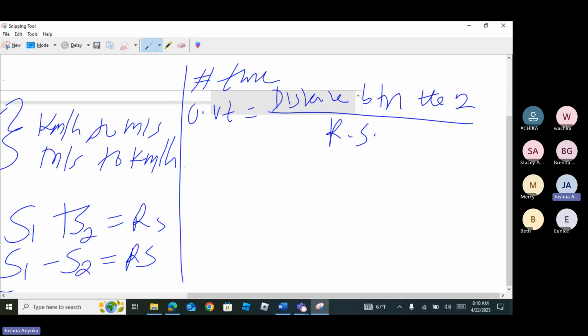Always we find the distance between the two. But in this case, both should be in motion. Both vehicles should be in motion.